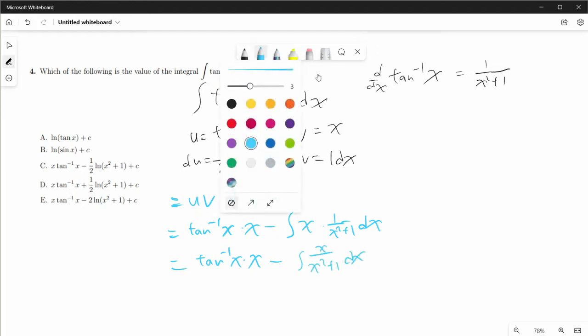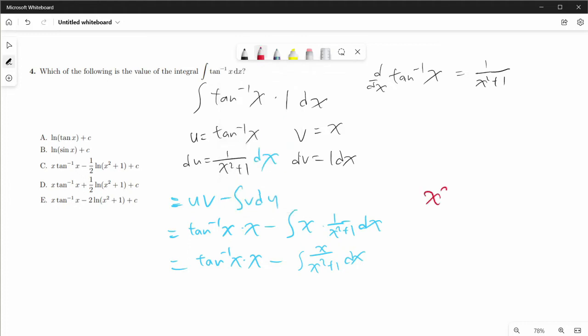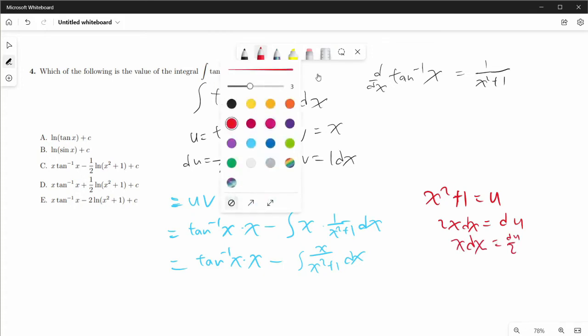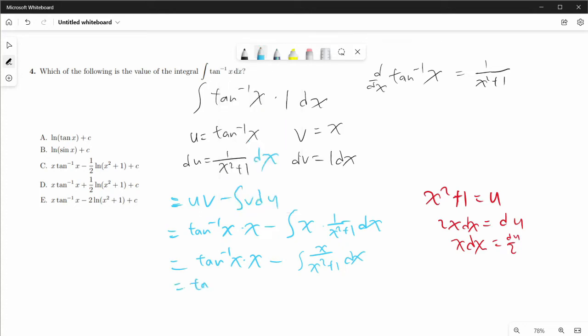I can u-sub here, where the bottom would be my u, and then 2x dx will be my du. Or you can say x dx equal to half du. So in that case, this would be 1 over u and then 1/2 du.